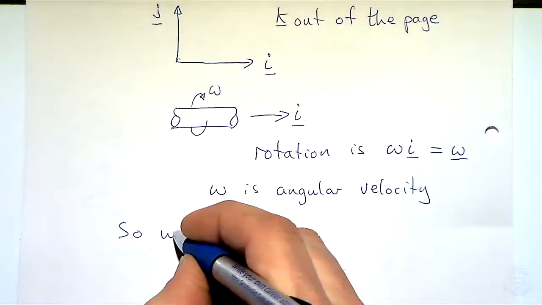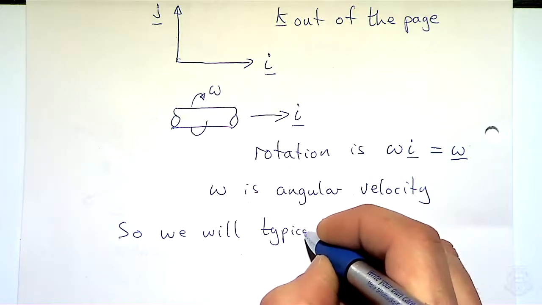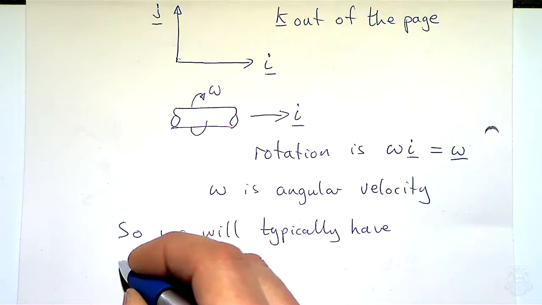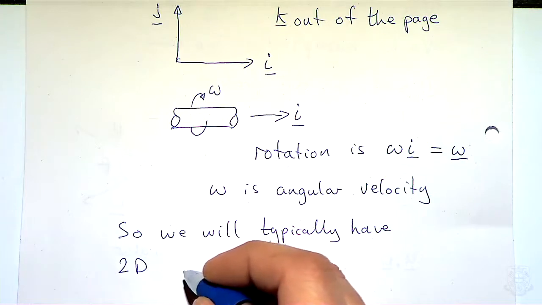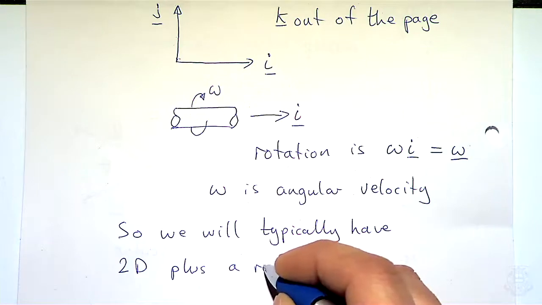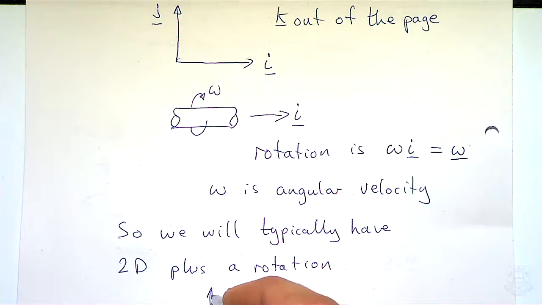So we will typically have two dimensions, 2D plus a rotation. And so it will be, just as we drew above, I and j, and we'll normally write omega like this.